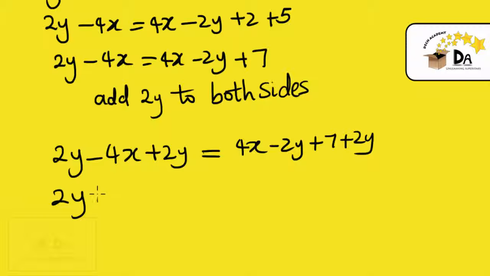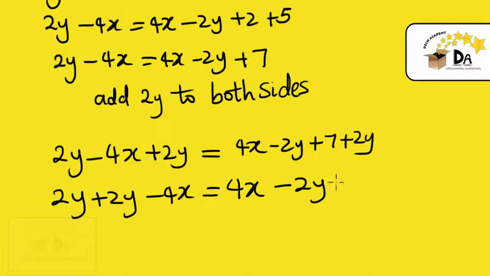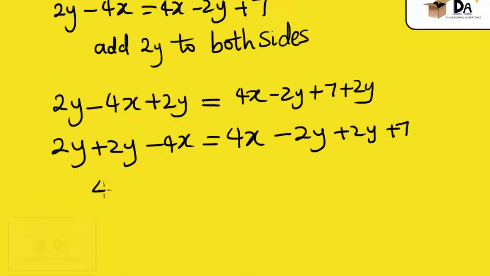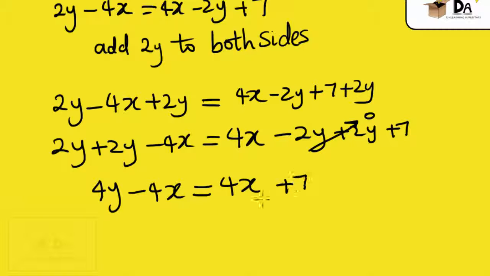Rearranging the left-hand side and right-hand side to put like terms together gives 2y plus 2y minus 4x equals 4x minus 2y plus 2y plus 7. This gives me 4y minus 4x equals 4x. Here the 2y cancels out, so I have plus 7.